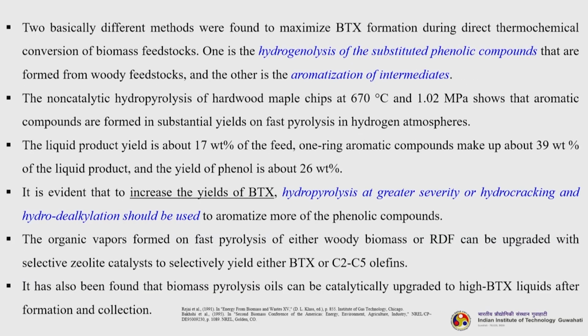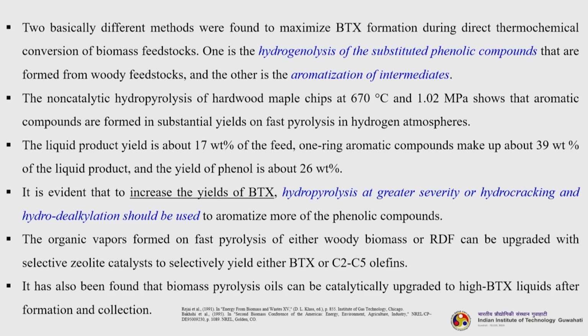Two basically different methods were found to maximize BTX formation during direct thermochemical conversion of biomass feedstocks. One is the hydrogenolysis of the substituted phenolic compounds that are formed from woody feedstocks, and the other is aromatization of intermediates. The non-catalytic hydropyrolysis of hardwood maple chips at 670 degrees centigrade and 1.02 megapascal shows that aromatic compounds are formed in substantial yields on first pyrolysis in hydrogen atmospheres.